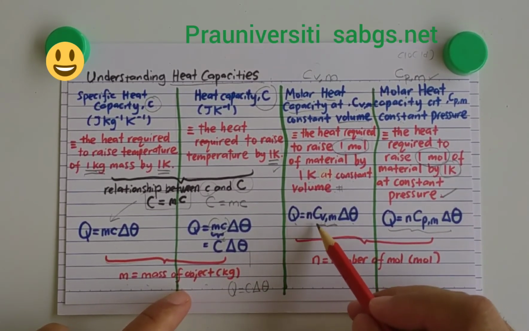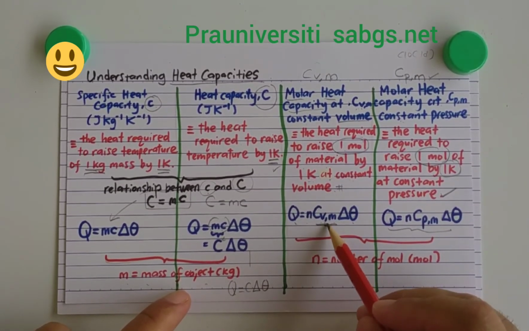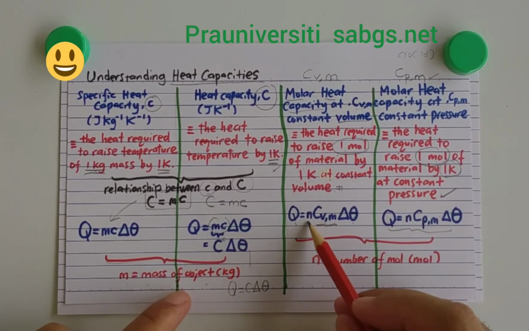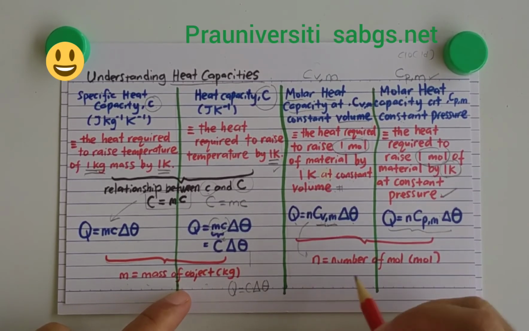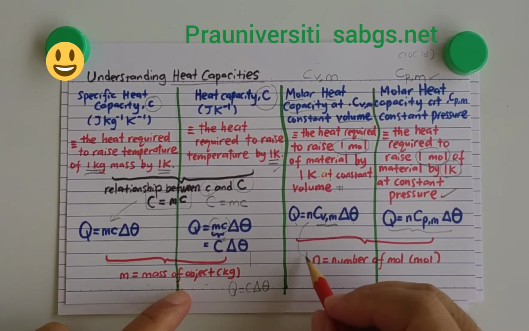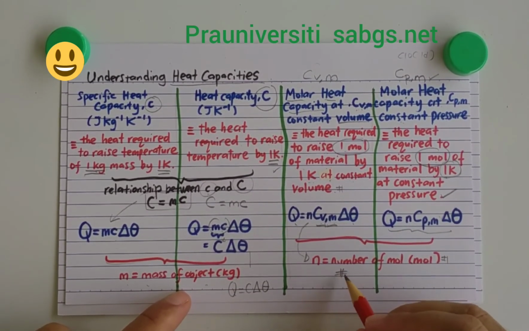We use CVM because we refer to constant volume, and this one refers to constant pressure. N, don't forget, is the number of moles of the object.